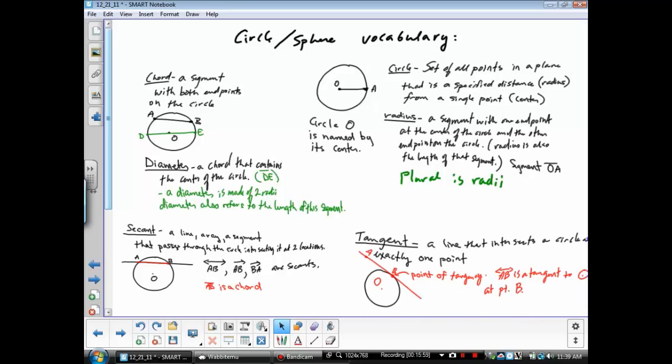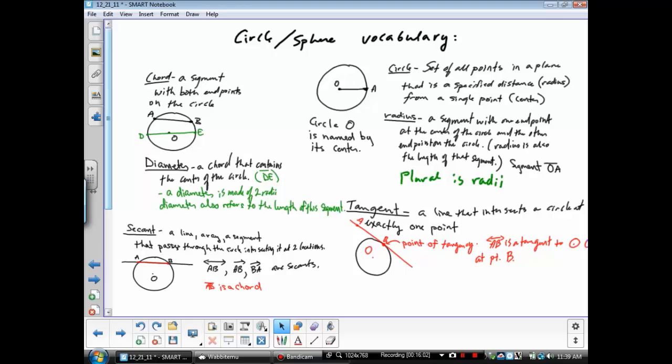Okay, if we're talking about a sphere, we can have all of these as well. For example, to draw a sphere, what we draw is a circle. We give it a central large circle, an equator you might say, and then we dot that behind it.